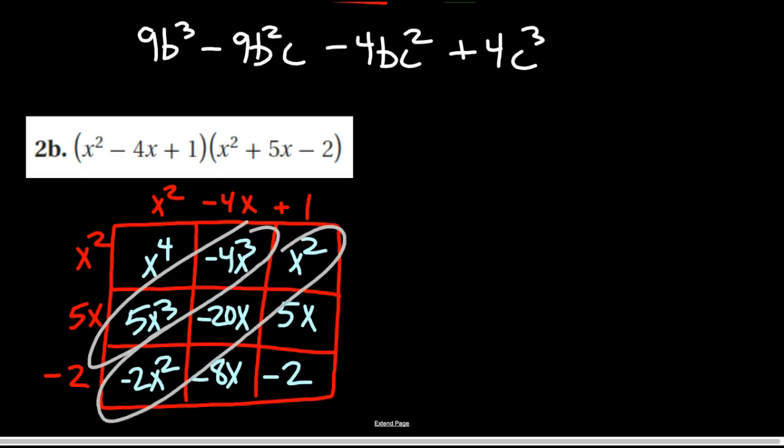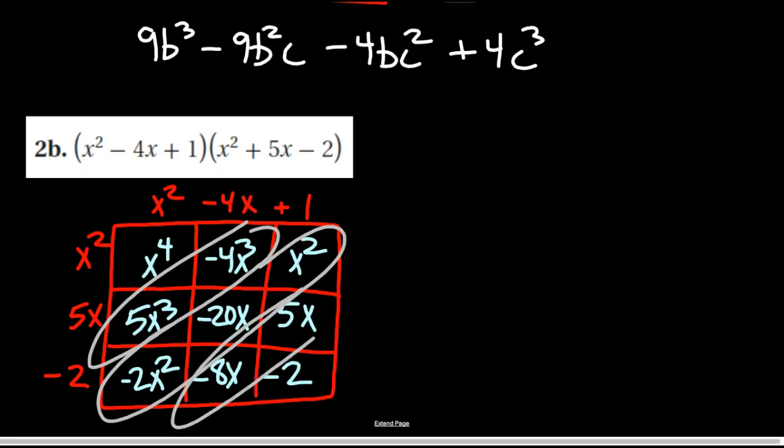If you're missing a term in a polynomial, like let's say I was missing this 4x term, I would have to add like 0x in there to get everything to line up if I didn't have every single degree term in the polynomial. But in this case I did, so I was fine.